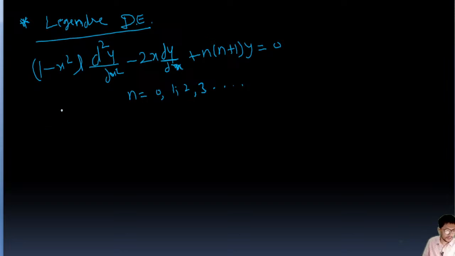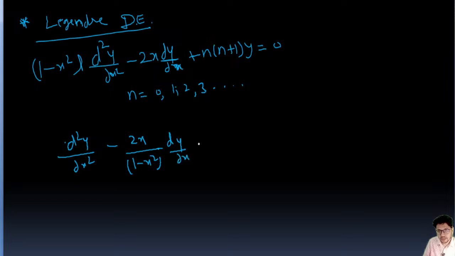So now we can write this equation in this form. We divide d2y over dx squared by 1 minus x squared, so it is going to be 2x upon 1 minus x squared times dy over dx, plus n(n plus 1) upon 1 minus x squared times y equal to 0.